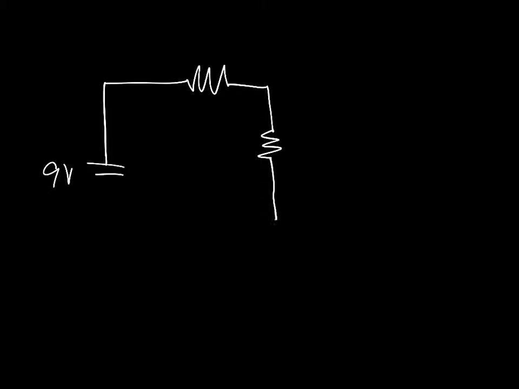So we can take our 9-volt battery, and we can call this R23 because it was the compilation of resistors 2 and 3. This ended up being 6.7 ohms to start with.